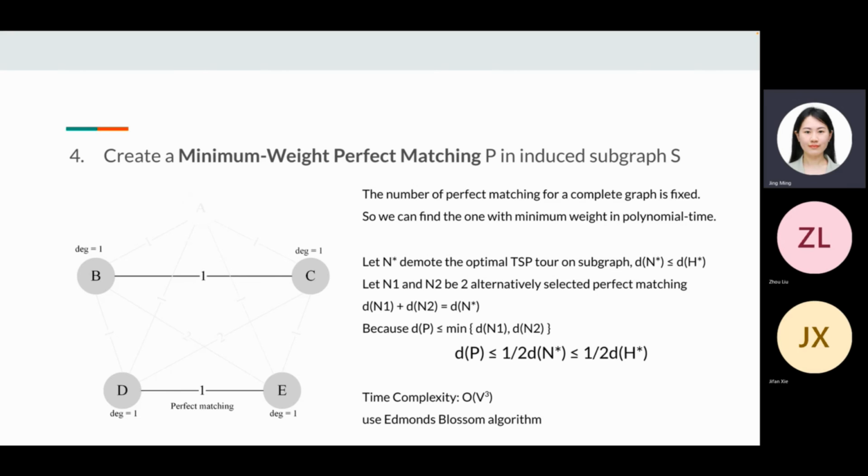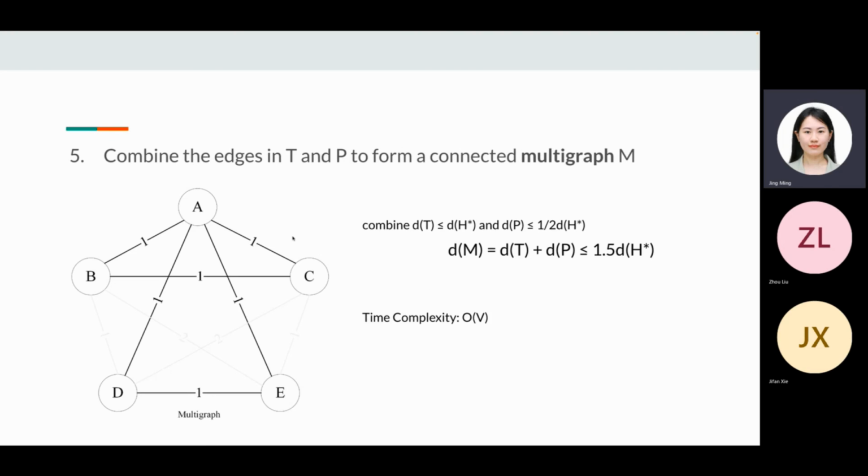And let an asterisk denote the optimal tour on the subgraph, and it is smaller than the optimal tour on the whole graph. And we can derive that d(P), the minimum weight perfect matching, is no more than half of the optimal tour. And this takes cubic time with the Blossom algorithm.